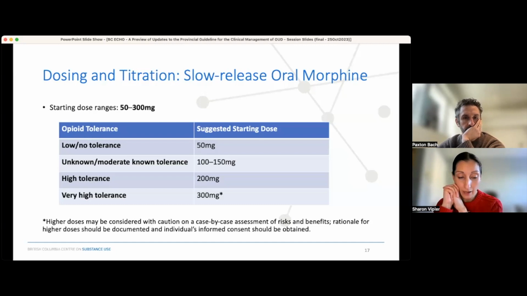In terms of high tolerance, we're still saying the 200 milligrams, and very high tolerance, again, being described as individuals who use fentanyl and have previous experience.